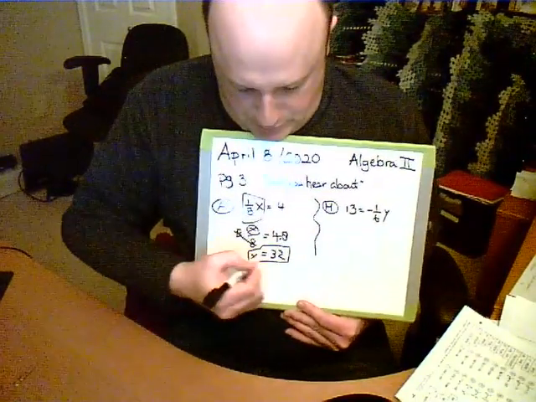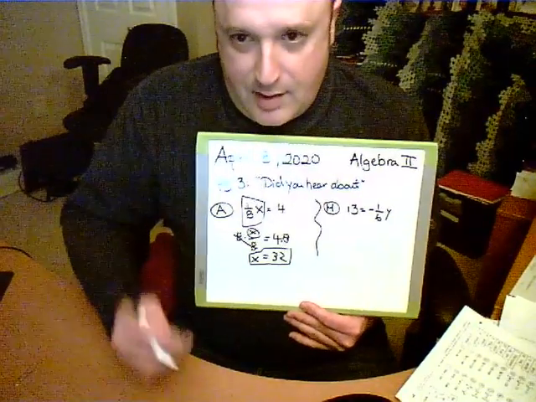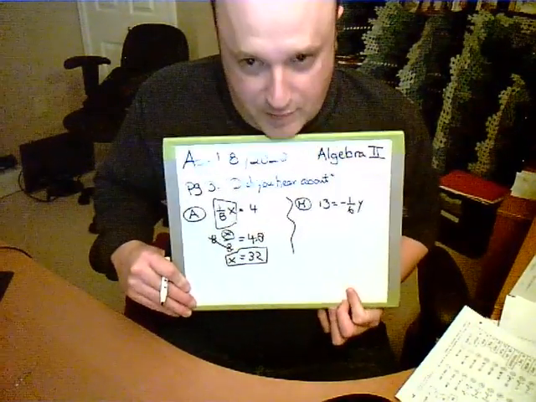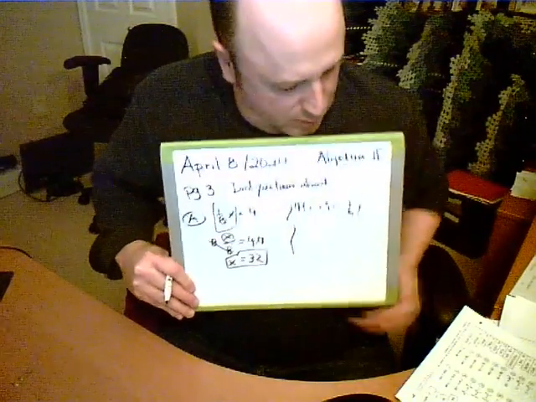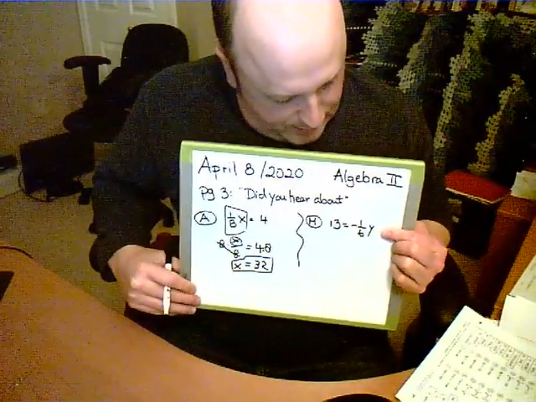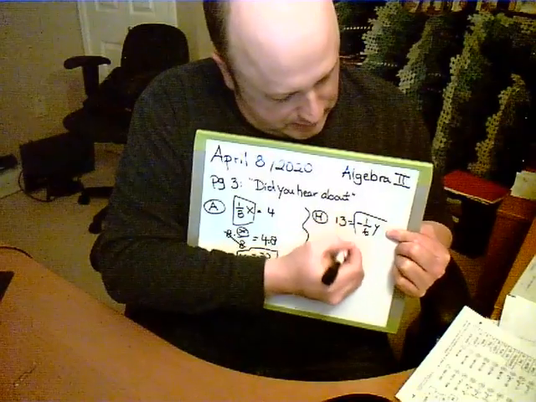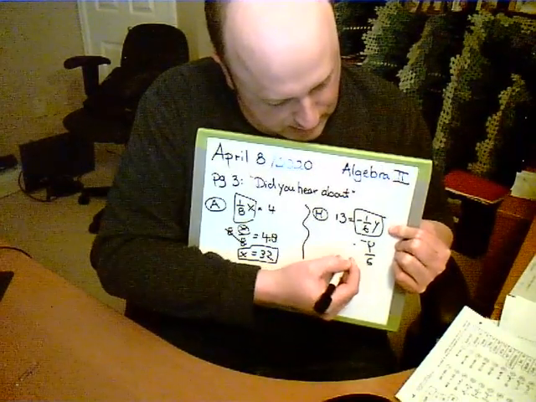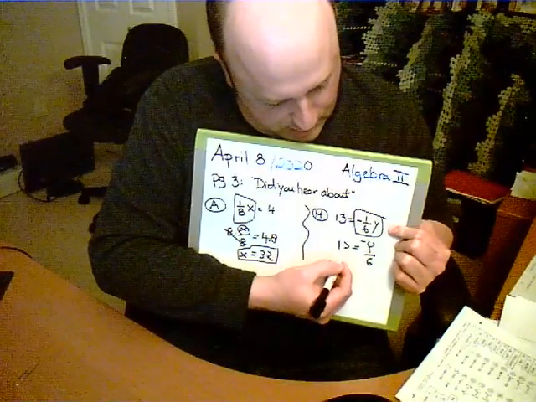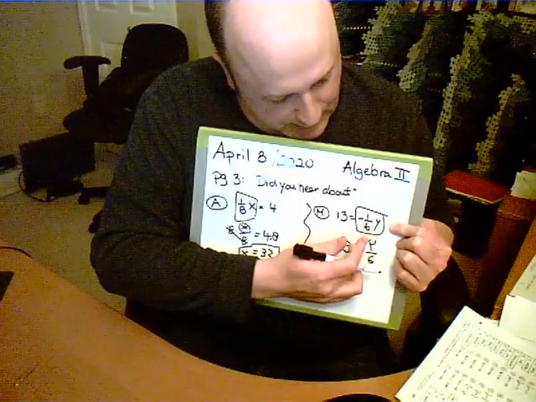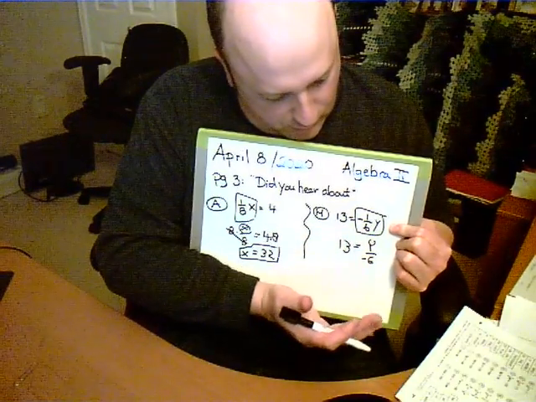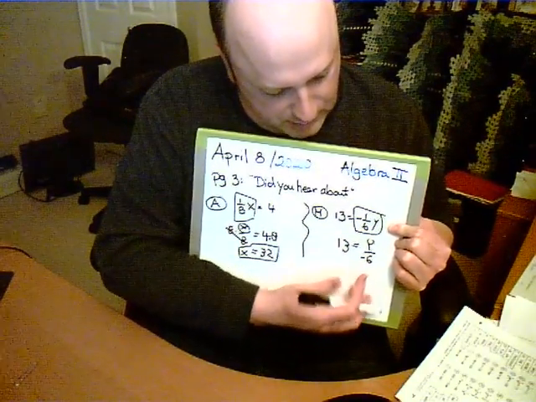Easy peasy. And then on the second column, letter M, I picked one that was a little bit tricky because it has the y variable on the other side. I'm going to rewrite this as negative y over 6 equals 13. Actually I can put that negative on the bottom if I want. It doesn't really matter which one it goes on as long as it's on one of them. So just to save some time and space, I'll put it on the bottom.